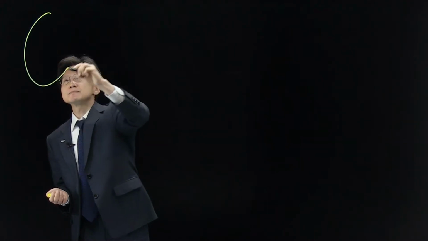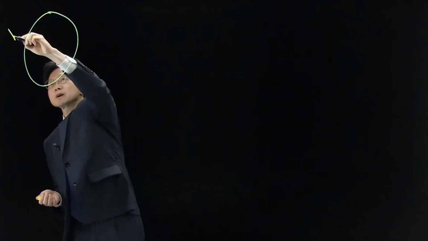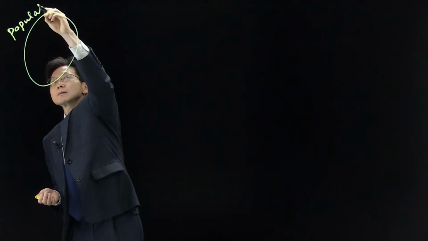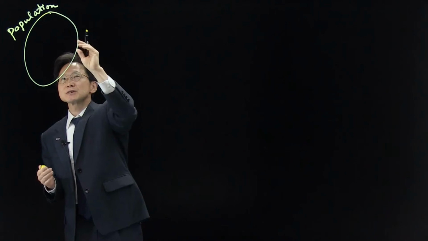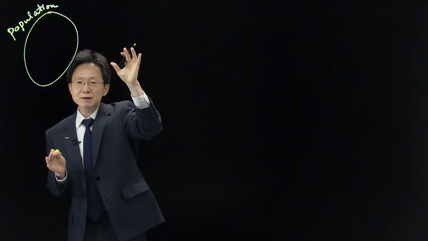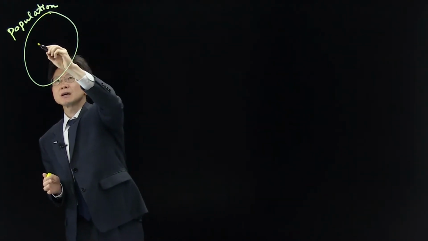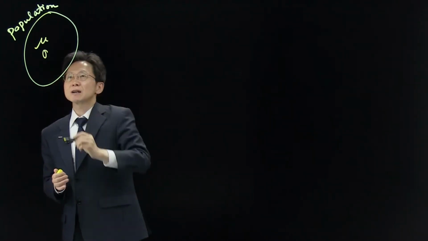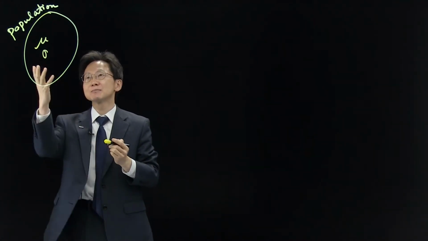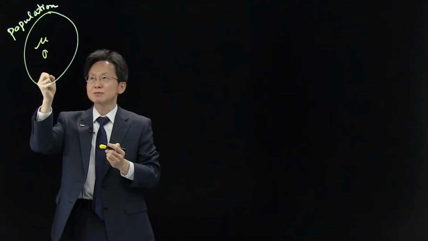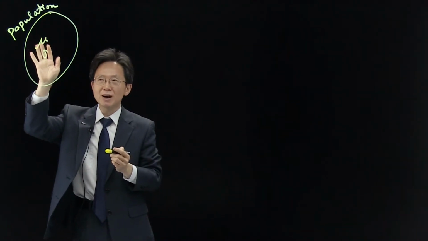So there is a population, and there is some characteristic or some variable about the population, and that has true values. For example, true mean and true standard deviation. So mu and sigma is something we want to understand. But basically, we want to understand this mu value.